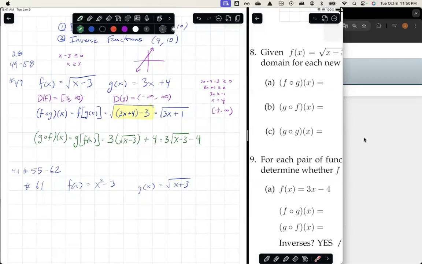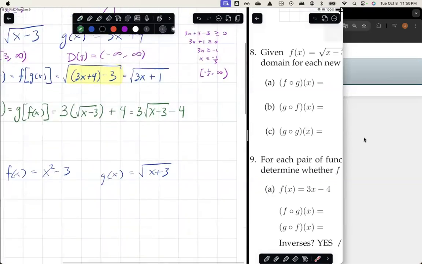And if I wanted to find the domain of this thing, I would find the domain, as I mentioned before, when we first combine the two functions using composition. I can find the domain of that function, and that will be the domain of the composition. Okay, and we can see, well, that function is a radical function.